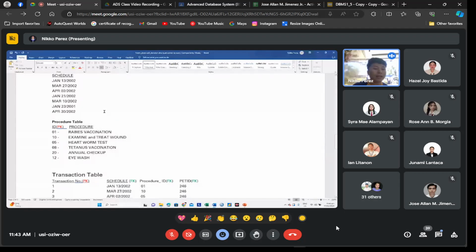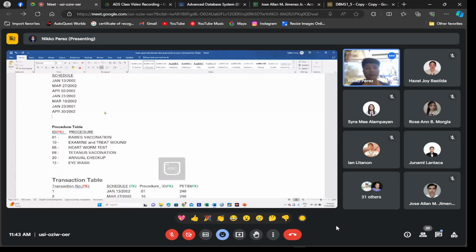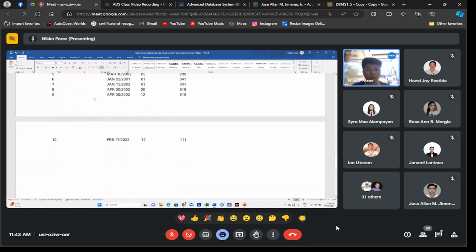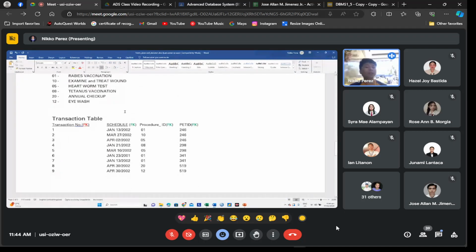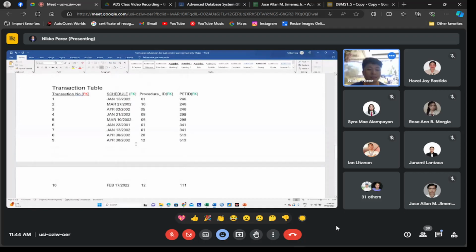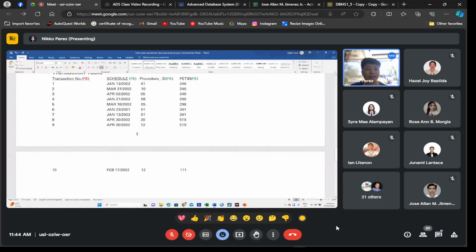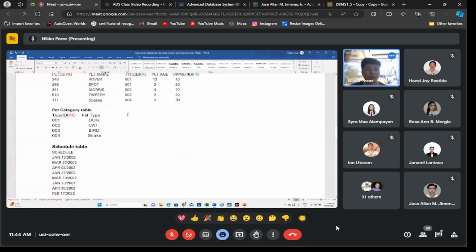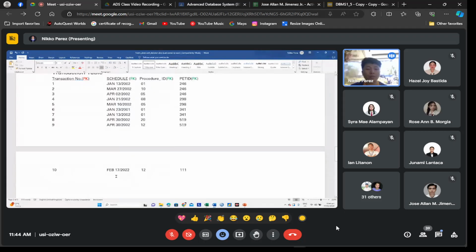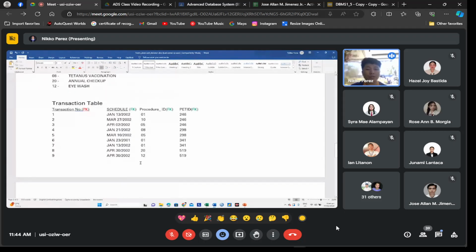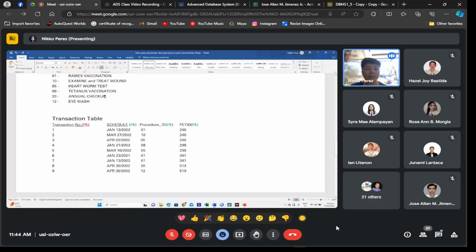So it goes like that. If there are multiple transactions, the table will grow. If Snakey avails a different procedure, you just continue, typing only the procedure ID, which you choose from the list.